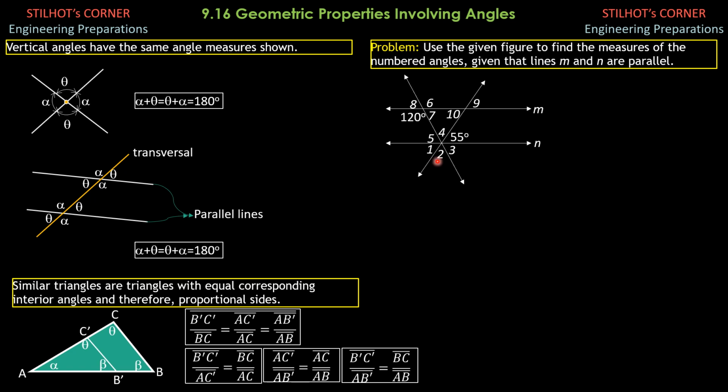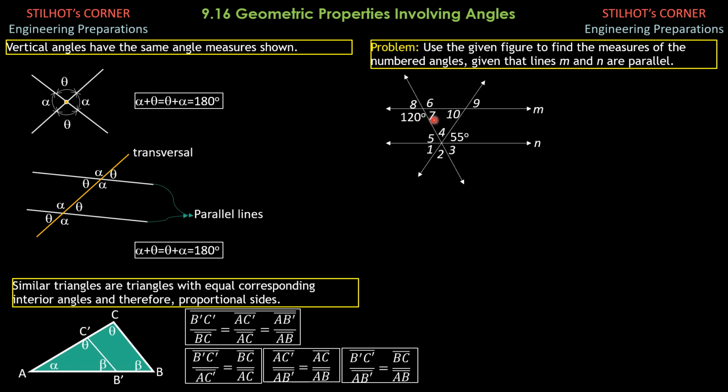For the rest, angle 3: this transversal here and this parallel line is the same angle as this line N and this transversal. So angle 3 is also angle 7, and angle 7 equals angle 8. So since angle 7 forms a straight angle with 120 degrees, angle 7 is 180 degrees minus 120.